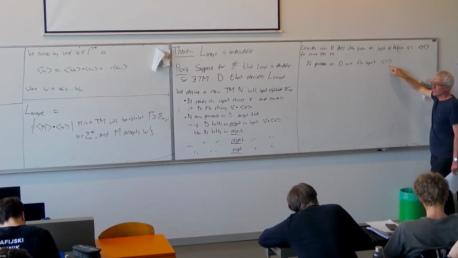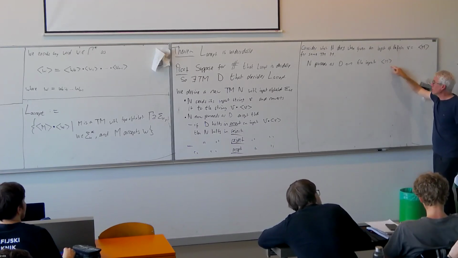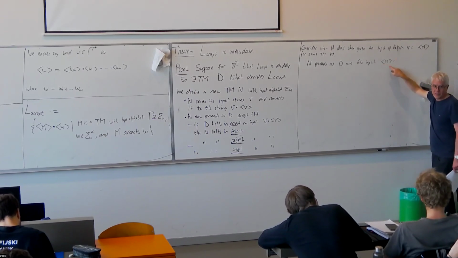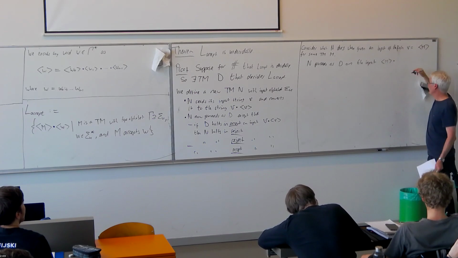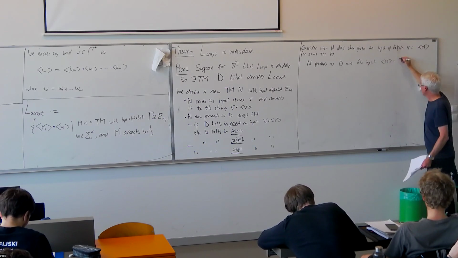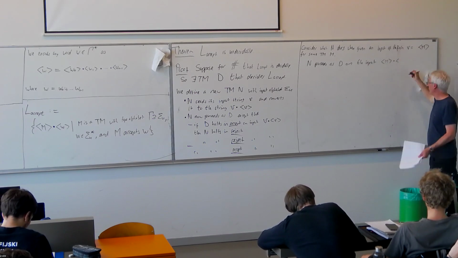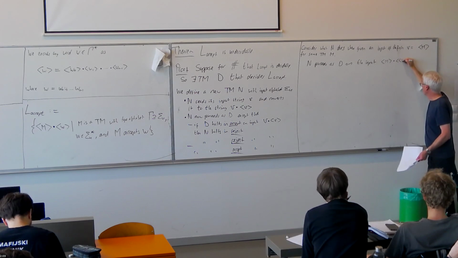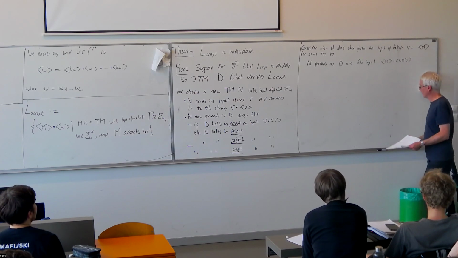We get the encoding of the Turing machine M, that's a word over sigma, followed by the encoding of that word as a word over -1, 0, and 1. So we get lots of little brackets there.